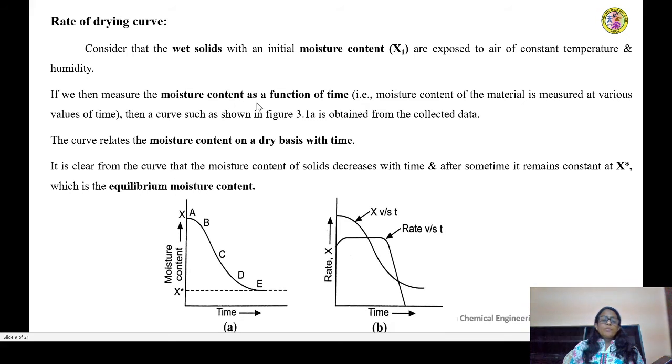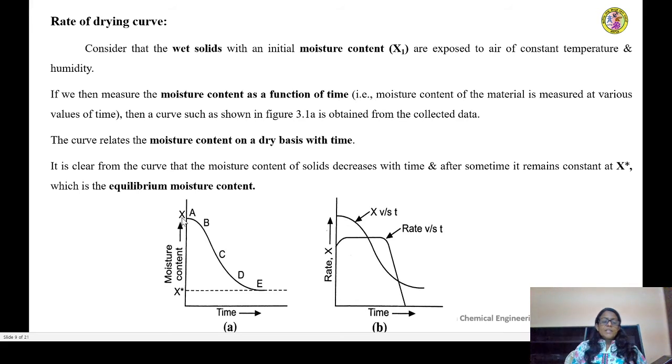When you plot moisture content versus time, the curve relates the moisture content on a dry basis with time. It is clear from the curve that the moisture content of the solids decreases with time, and after some time it remains constant at X star, which is the equilibrium moisture content.